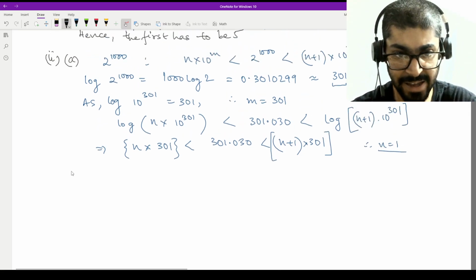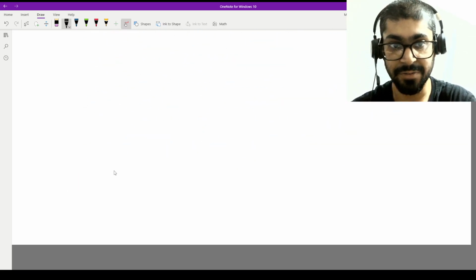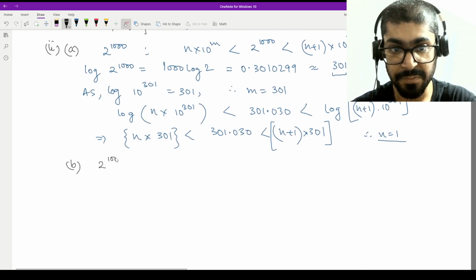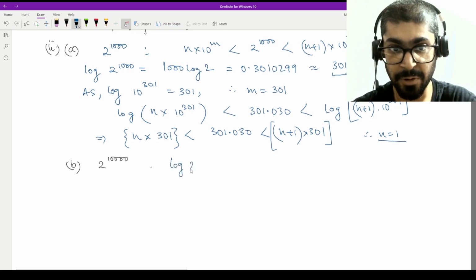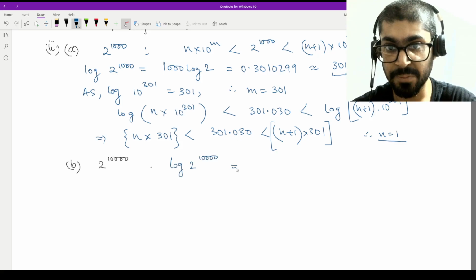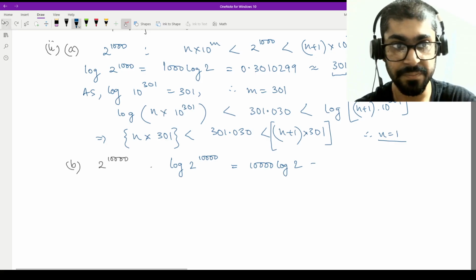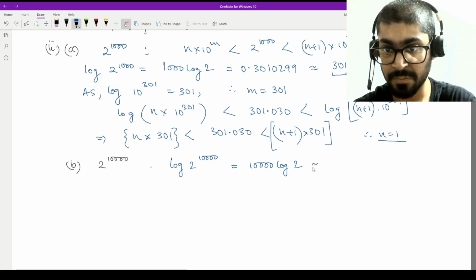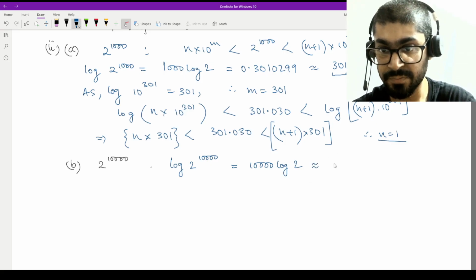I can follow exactly similar techniques for the next one. In the next one I have 2 to the power 10,000. They're just increasing by one zero. I'm skipping some of the steps this time because you know the procedure. So log 2 to the power 10,000 becomes 10,000 log 2, which is approximately 3010.301.